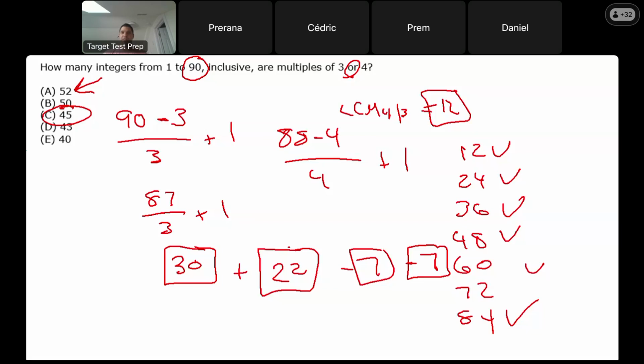I would just solve it the way that I just did and not overcomplicate it. All right, cool.